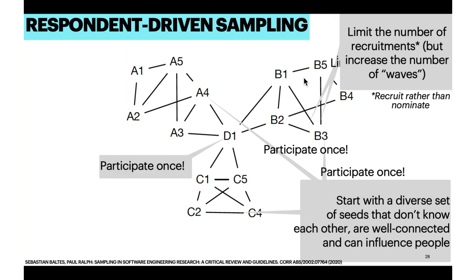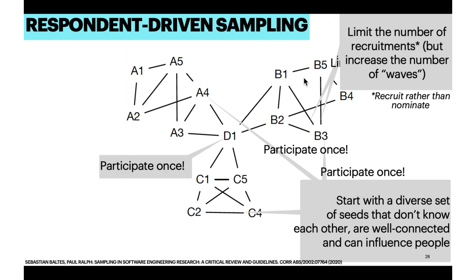This means also that we need to limit the number of recruitments, so the number of referrals every person or every project can provide. And this way we will increase the number of iterations or waves so that we go through this entire graph. So how would this respondent-driven sampling work?